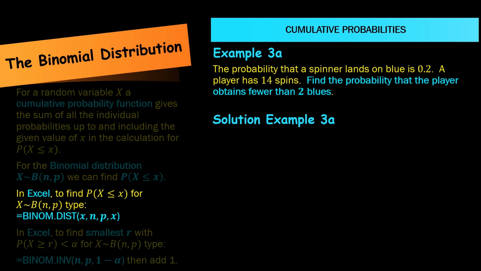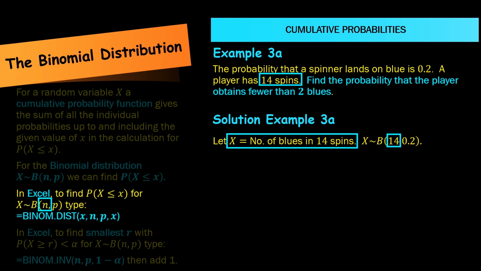So let's solve this. We set up the problem first, so let x equal the number of blues in 14 spins. Therefore x is distributed binomially with n equal to 14 and p equal to 0.2.